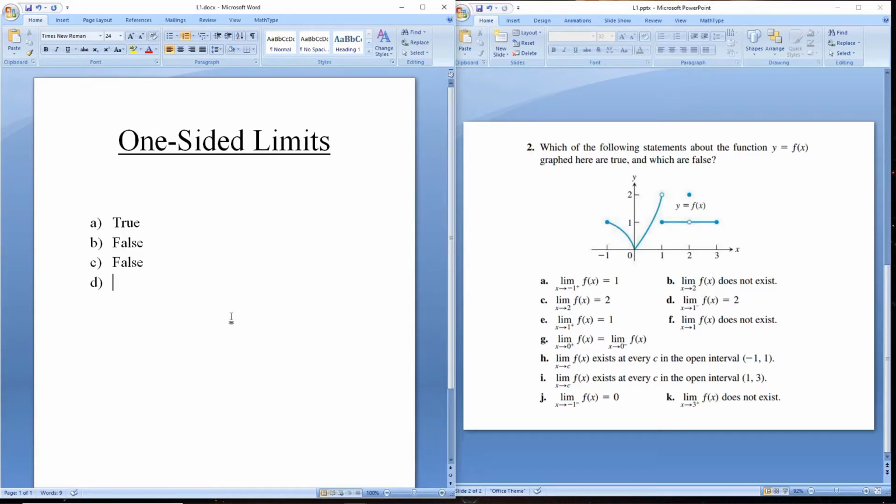Yes, it is, and that is true. Let's check out E. Approaching 1 from the right. What is that? Well, here's 1. Approach it from the right. So we'll walk along the function. As we get closer and closer to our input, we find we're at a height of 1. And so, yes, the right limit there is 1, and that is also true.